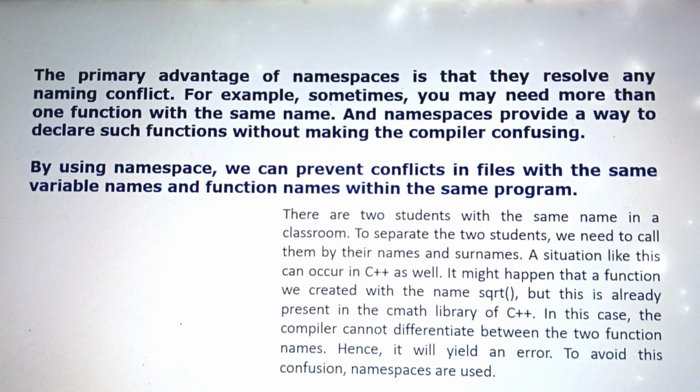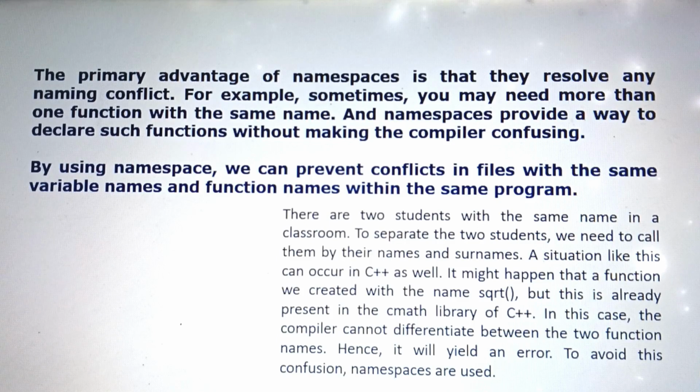I will tell you one example. There are two students with the same name in a classroom. To separate these two students, we need to call them by their names and surnames. A situation like this can occur in C++ as well. It might happen that we create a function named square root, but this is already present in the cmath library of C++.